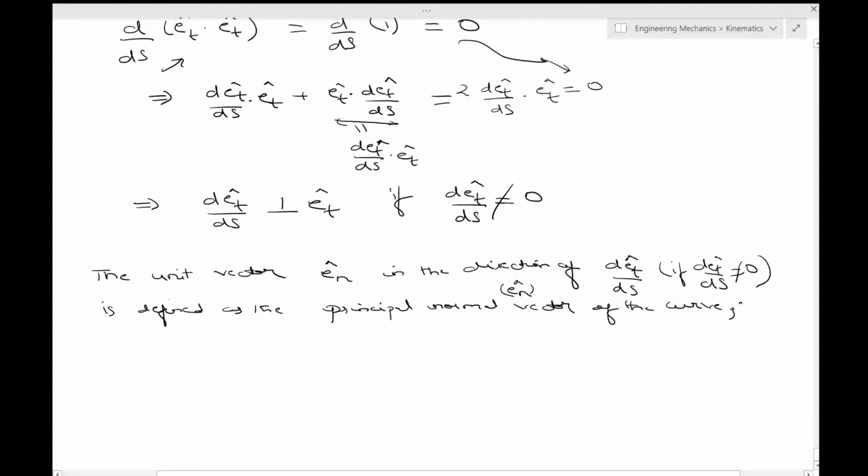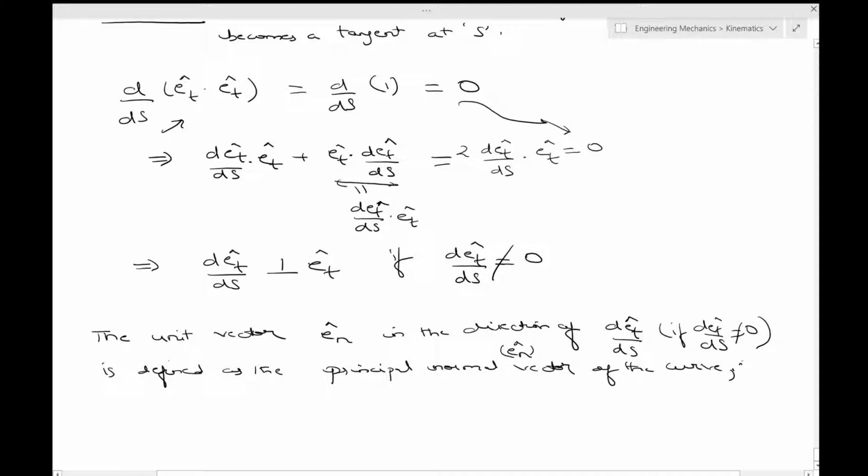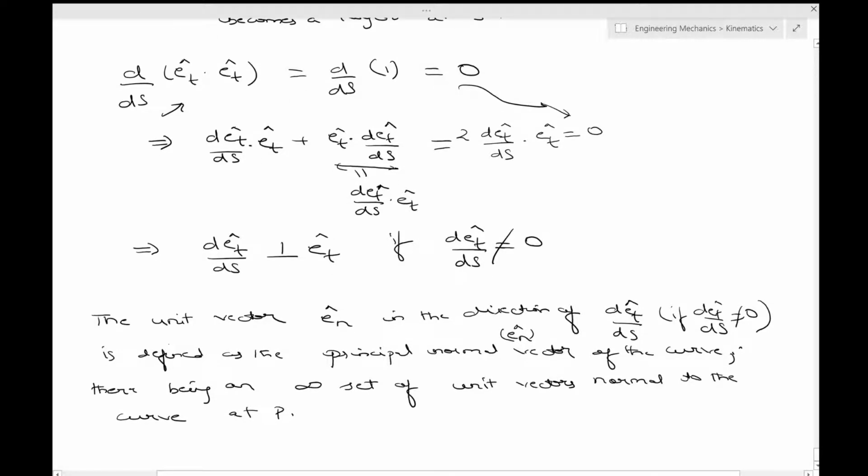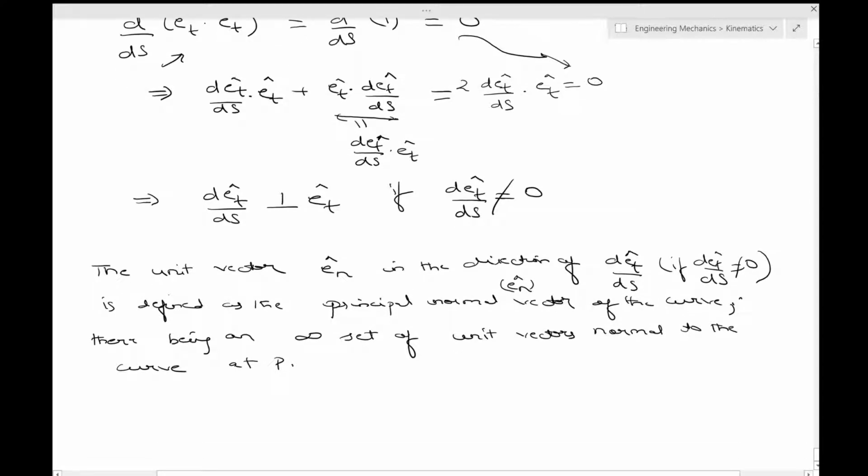Defined as the principal normal vector of the curve, there being an infinite set of unit vectors normal to the curve at P. So there is infinite possibility for sure if you see just the perpendicularity between Et and En, and direction is clearly given of En, that is of the det by ds according to this definition and based on the derivation which we have just done.